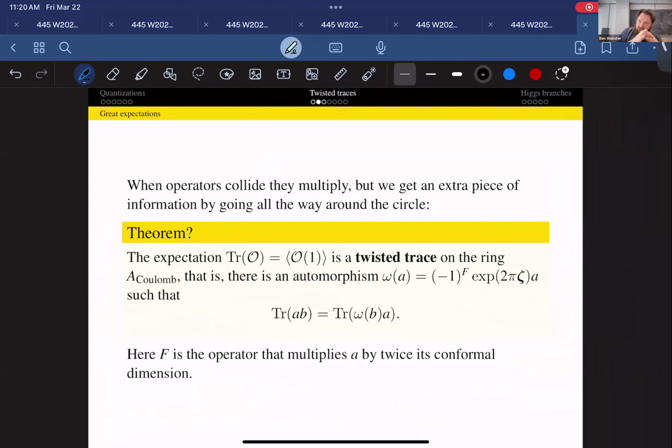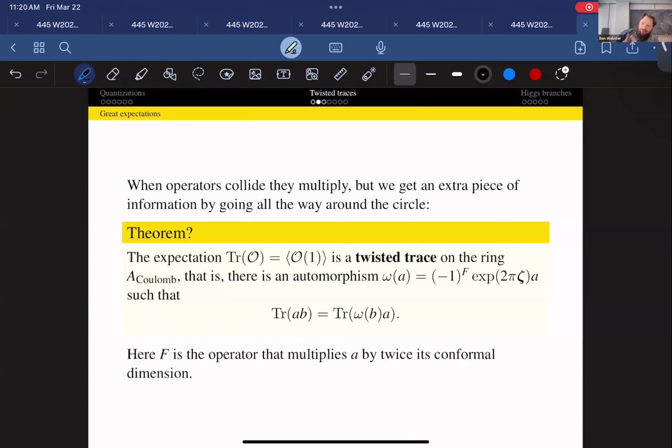But now we're on a circle. So there's another important thing we can do, which is we can have two operators and we can send one around the back and have it come around the other side. So what ends up happening is that when I take the expectation, it's almost a trace, right?